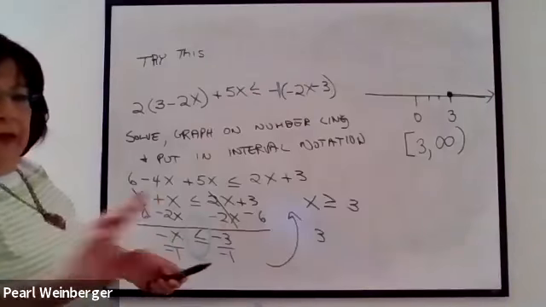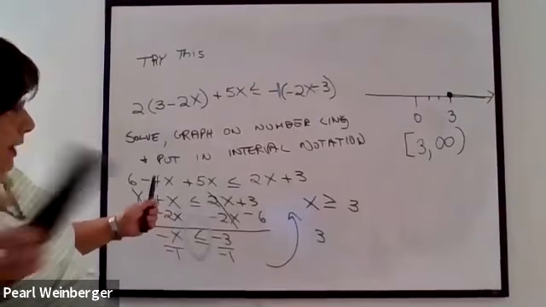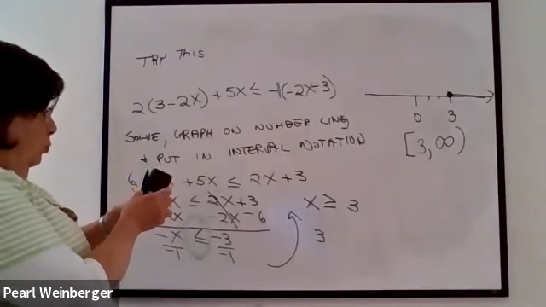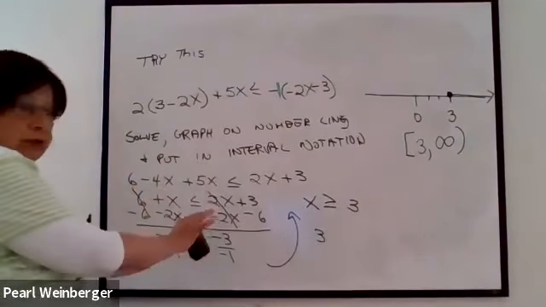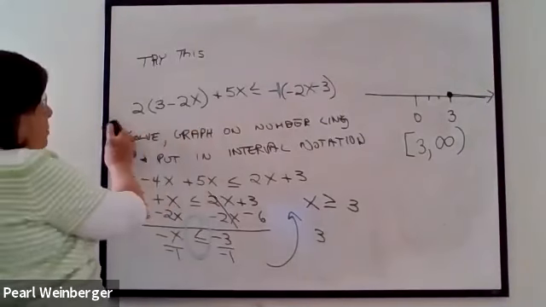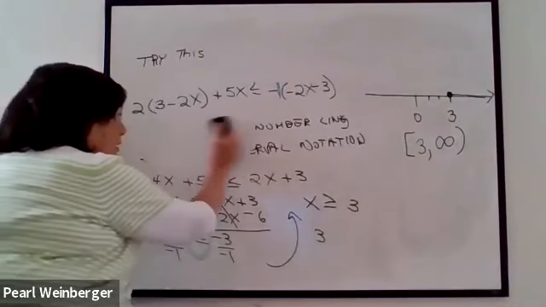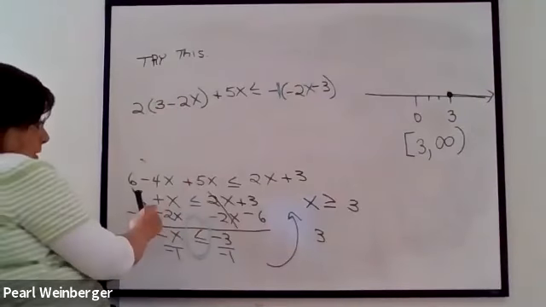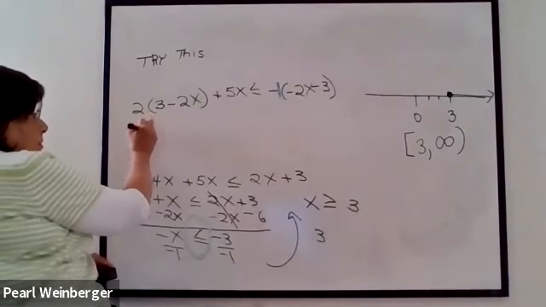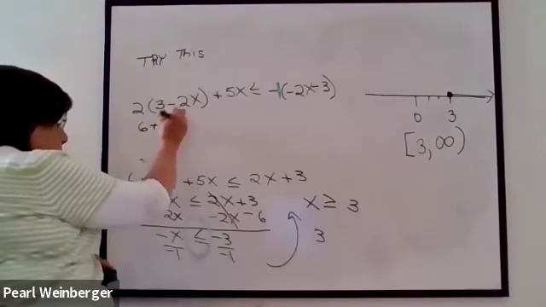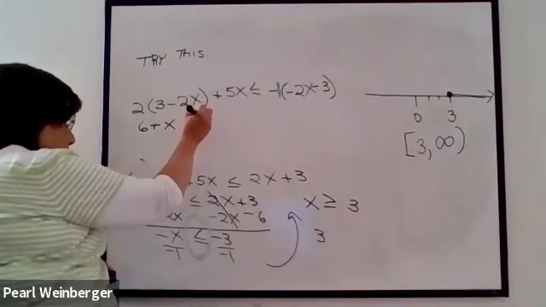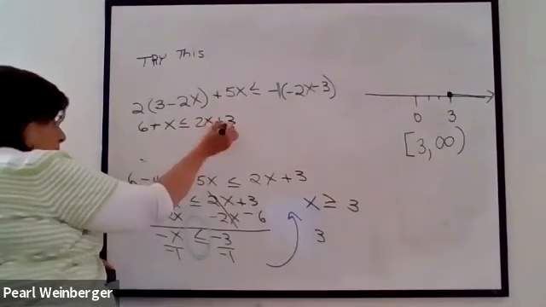Okay, I'm going to go back to where you are. Can I erase this, everybody? Let me erase this part, because we don't need it. Well, what you did, let me go back to here. You're over here, right? And you brought the 3 to this side.